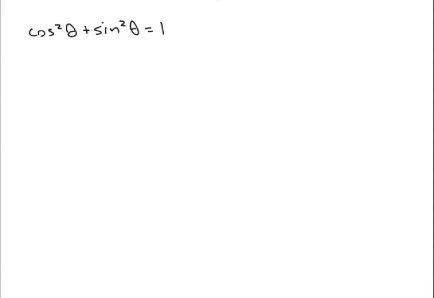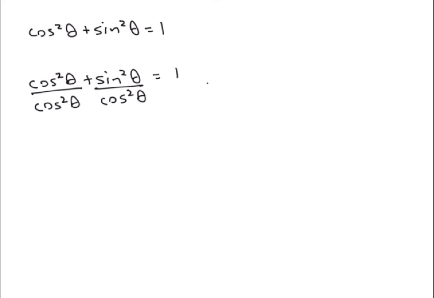Now, this is not the only Pythagorean identity. We can get the rest of them by taking this equation and dividing each term by cosine squared theta. In the first term, cosine squared over cosine squared is just 1.